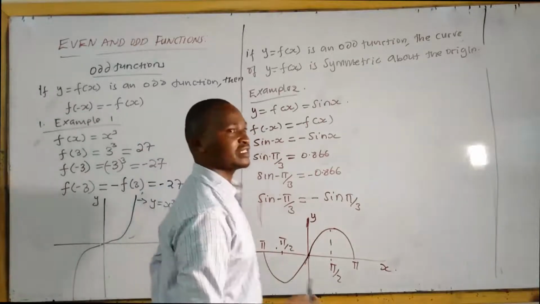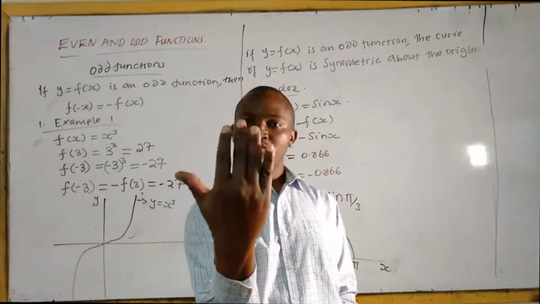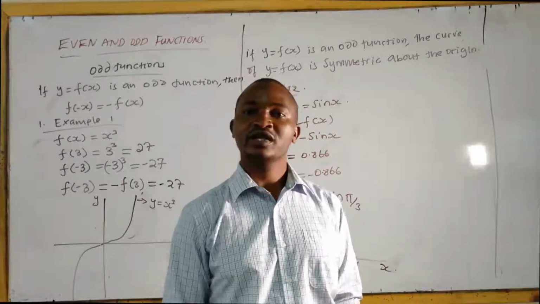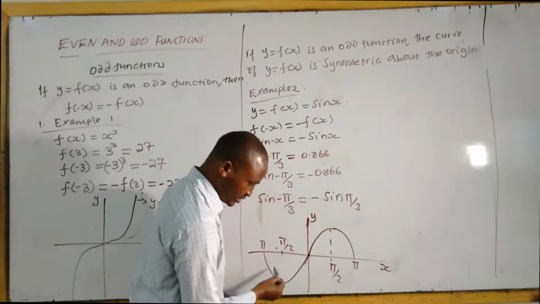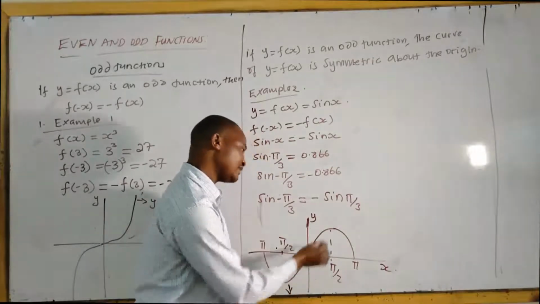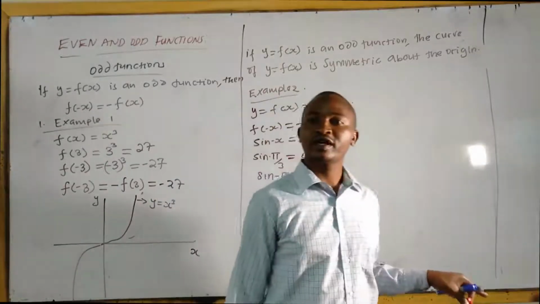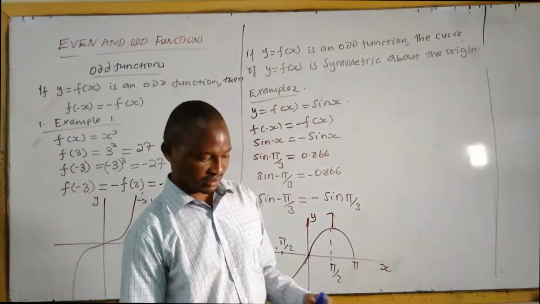And remember what we have said, if you look at yourself, your image in the mirror will be looking at you. So it will be facing the opposite direction that you are facing. That's why the image here is facing the opposite direction of the object, which is this curve.